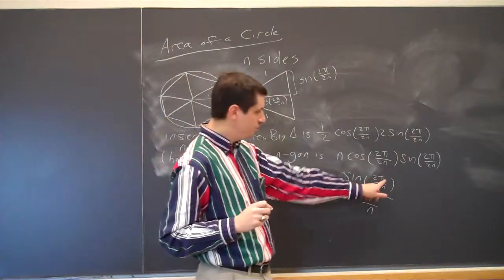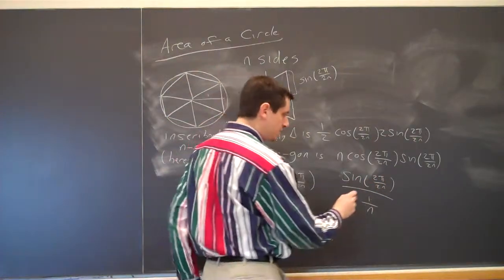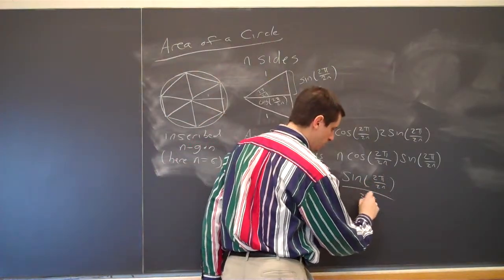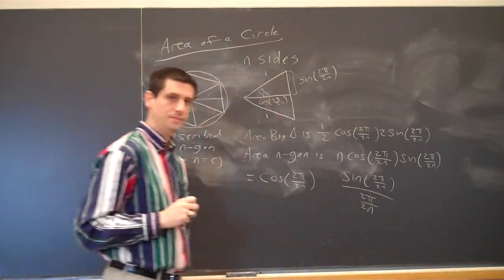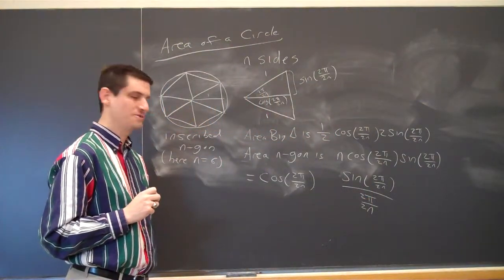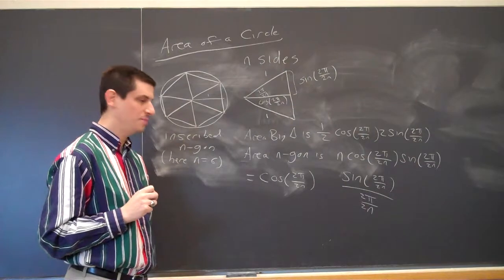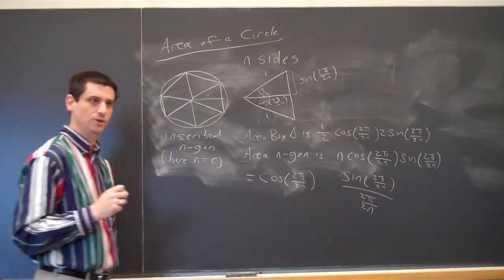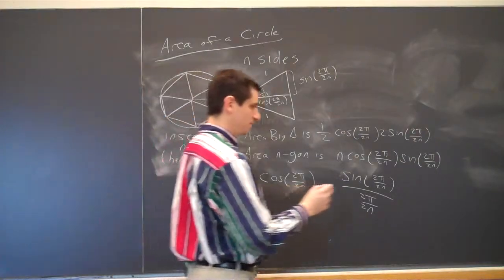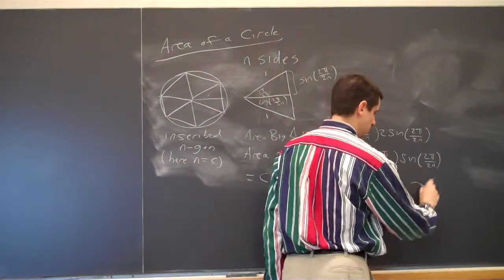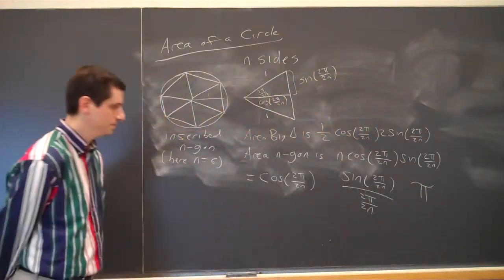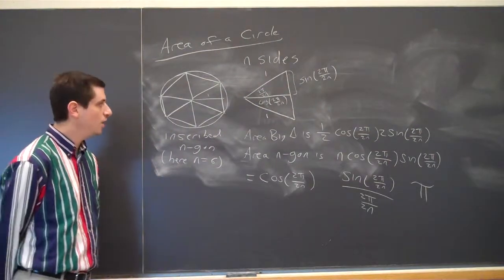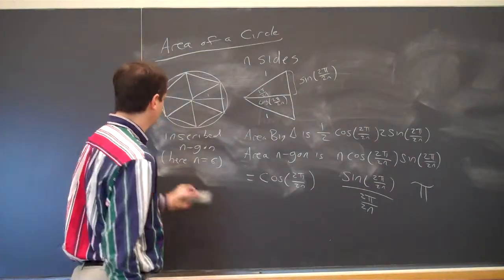I have a sine of 2 pi over 2n, and I have a 1 over n. Let's make this a 2 pi over 2n. Well, I can't just multiply the denominator by 2 pi over 2, I have to multiply the numerator by 2 pi over 2 as well. What's 2 pi over 2? Pi.